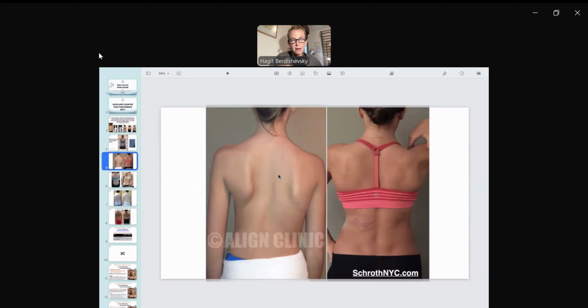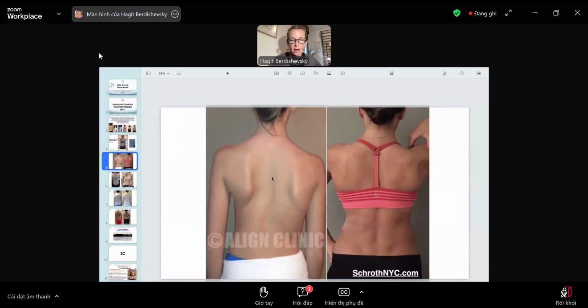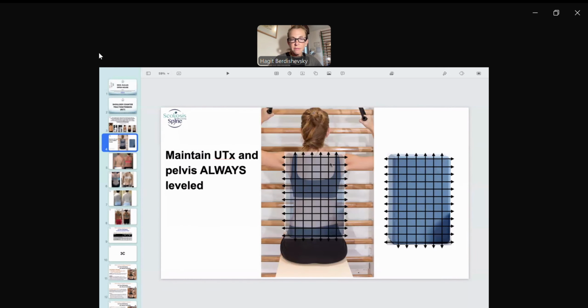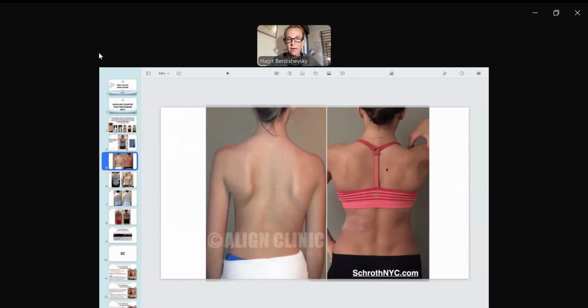This is just a few pictures to show not exercising, exercising. What I was talking about, the rectangle shape of the trunk, fully open, fully engaged. This is what we are aiming for.